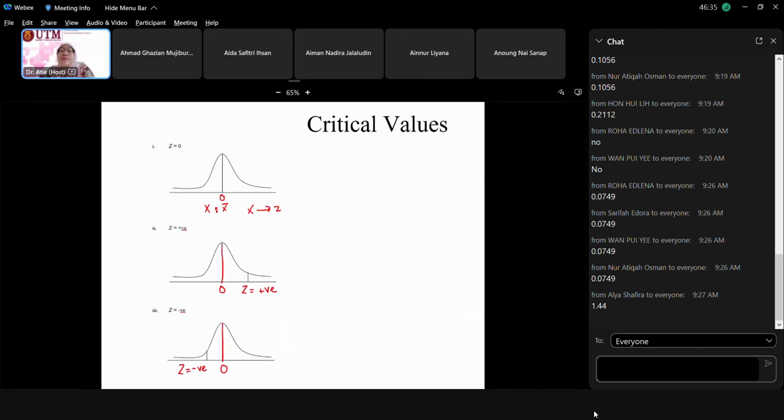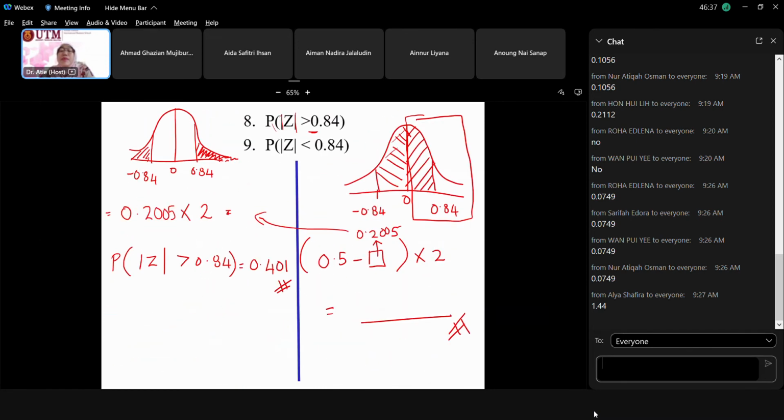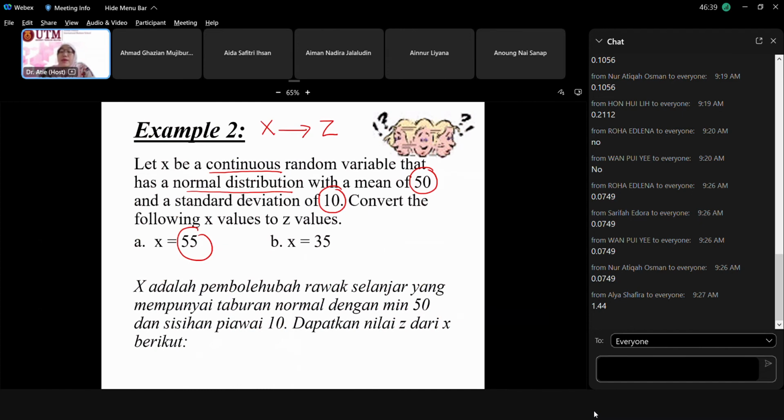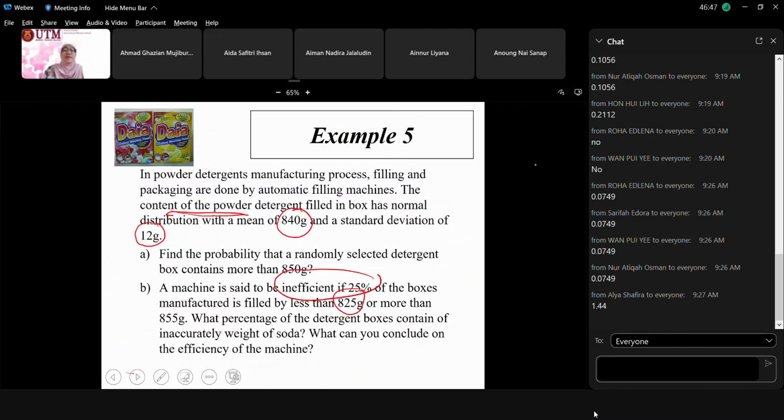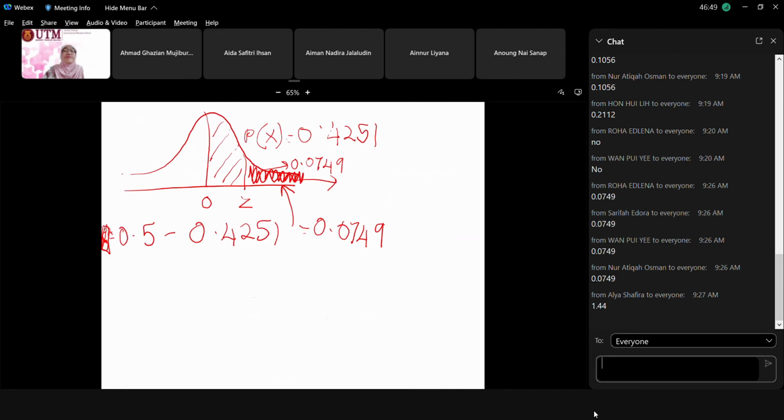So the Z value here is actually 1.44. So our Z is 1.44.